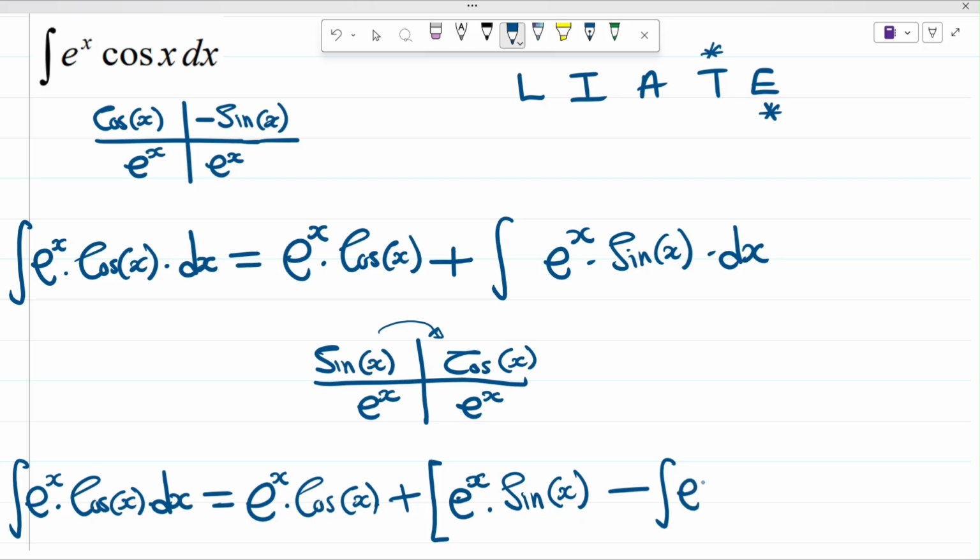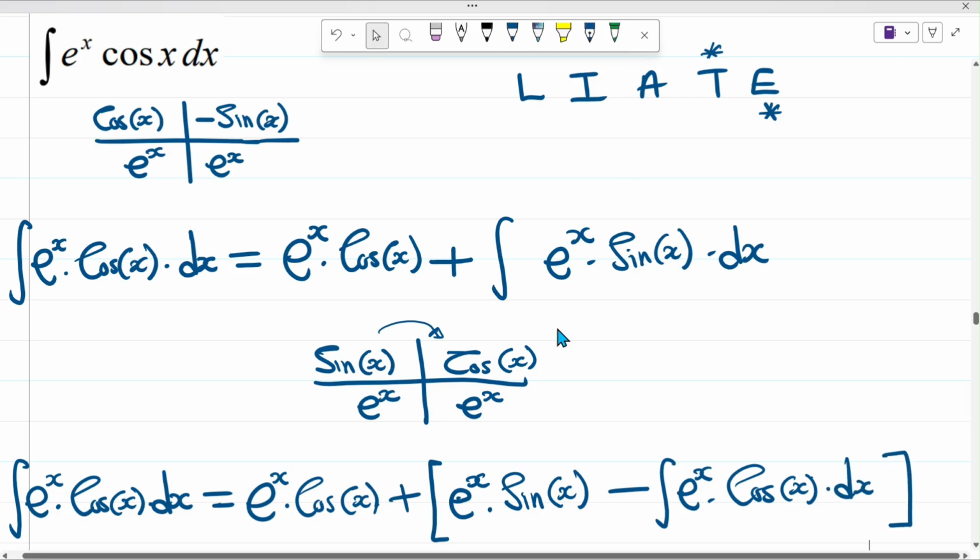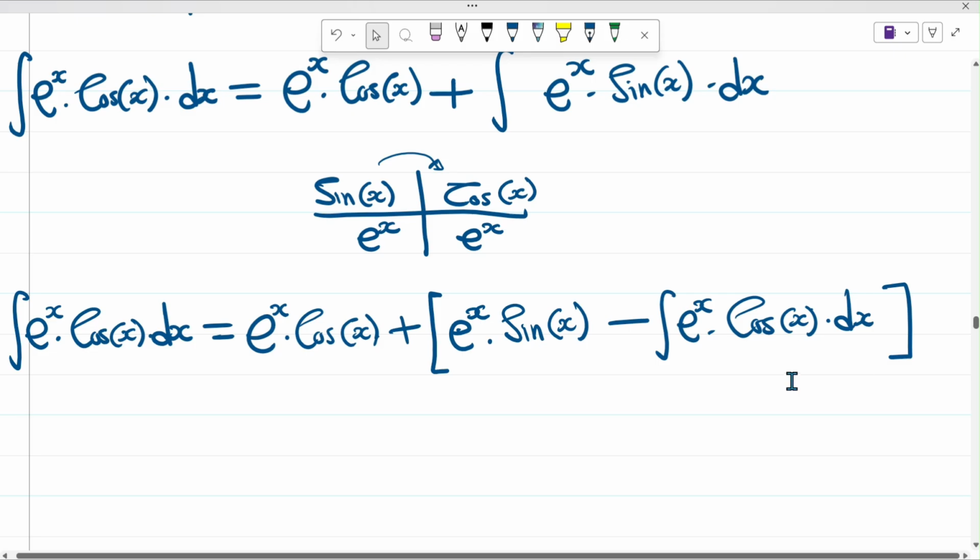So this is going to be e to the power of x cos of x dx. And then I close.